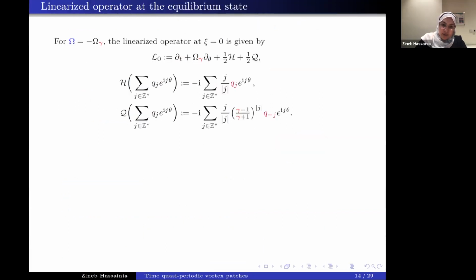So the first thing to look at is the linearized operator at this equilibrium solution. It has a nice structure.